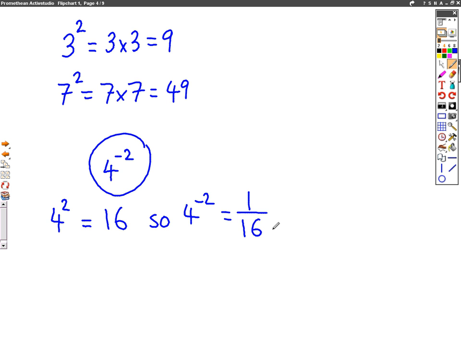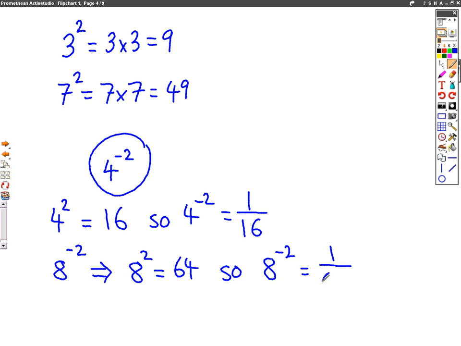When it has a minus power, it just means 1 over. So 8 to the minus 2. Well, 8 squared is 8 times 8, which is 64. So 8 to the minus 2 would be 1 over 64. Right, so that's squared, done.